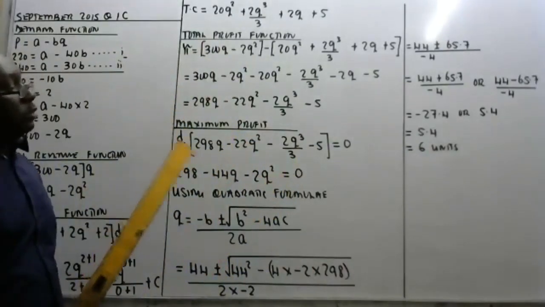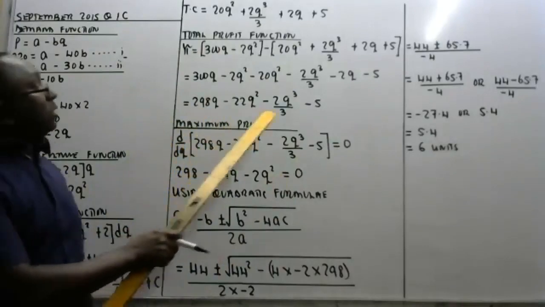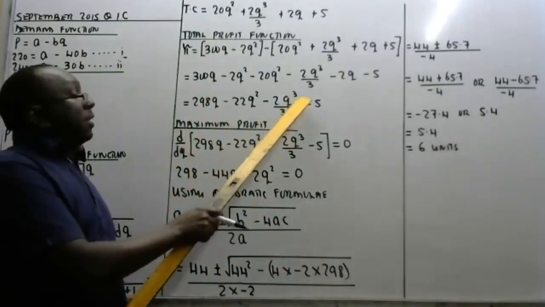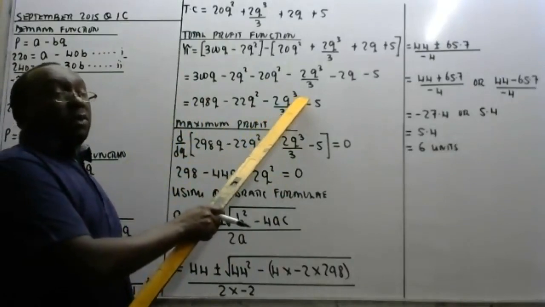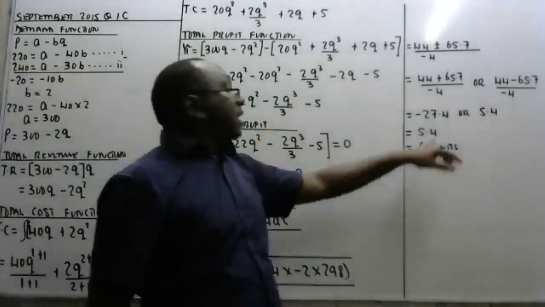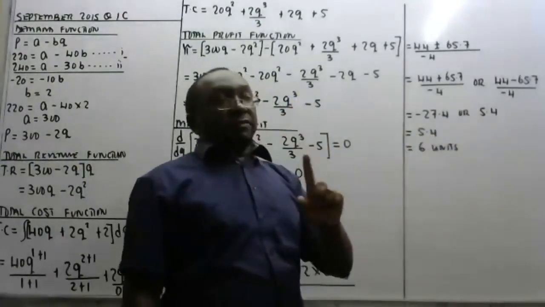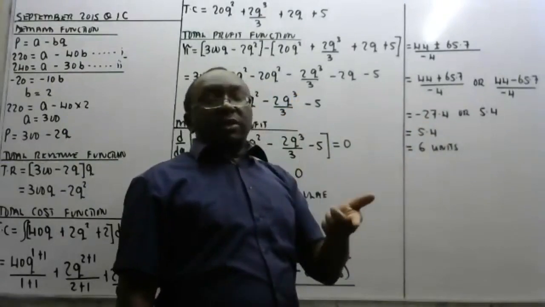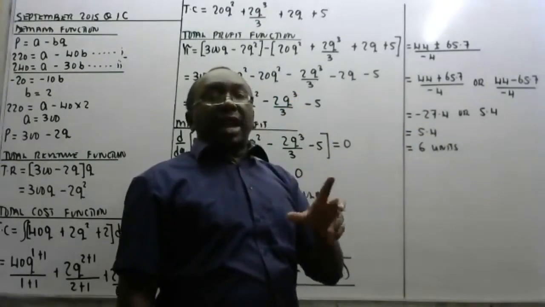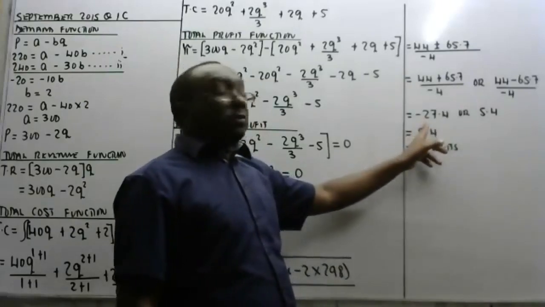But in case you end up with 2 positive values, because when you start with a cubic function, 3 to the power 3, there is a possibility that the 2 answers will be positive. If the 2 end up being positive, you don't judge on the basis of the size of the units, as in, say equal to 27.